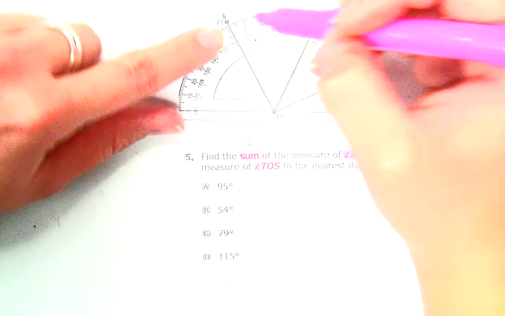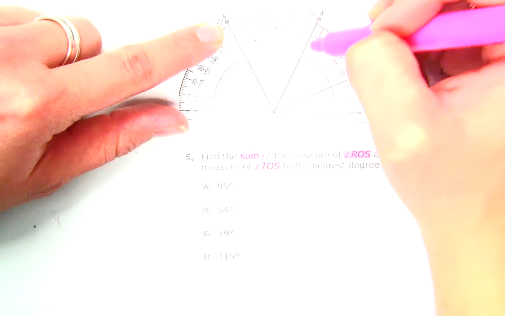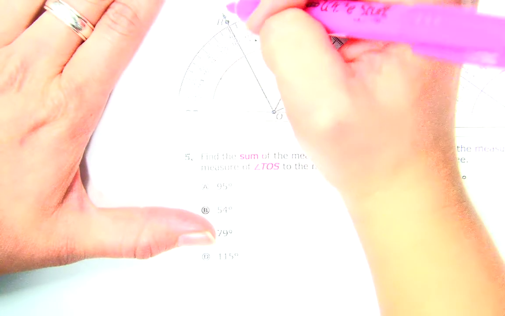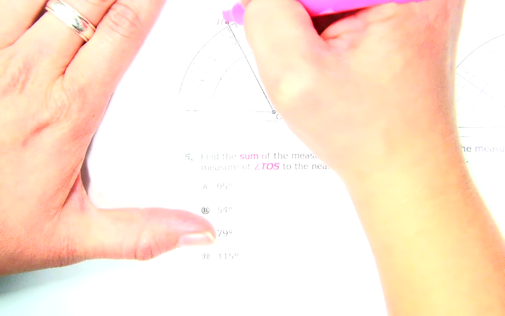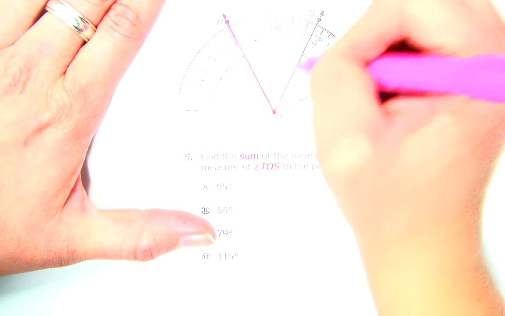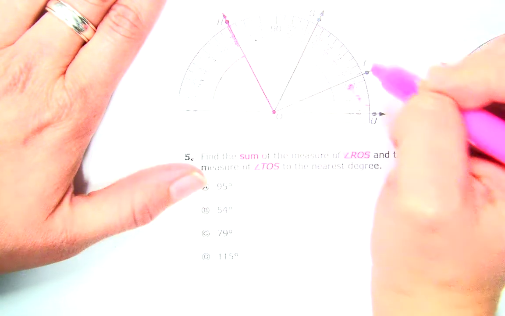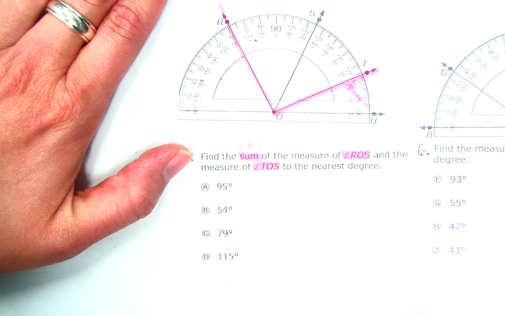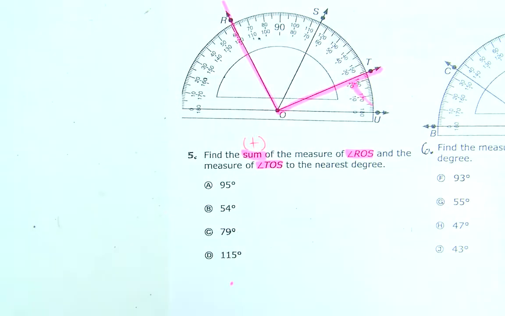Now you could highlight ROS and then highlight TOS, but if you think about it, that's just going to give you ROS and then TOS. That adds together just to be ROT.